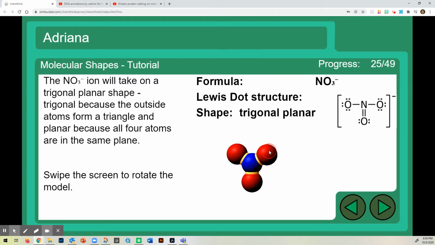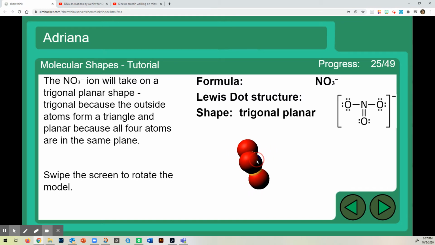This shape is called trigonal planar. Now, it's not so hard to remember if you remember that tri is the prefix for 3. So we have these 3 points to our sort of triangle, trigonal. And then planar, just think of that as like a flat plane. That's what the planar is supposed to make us think of, that it's just sort of like this 2-dimensional thing almost. It's flat, trigonal planar.